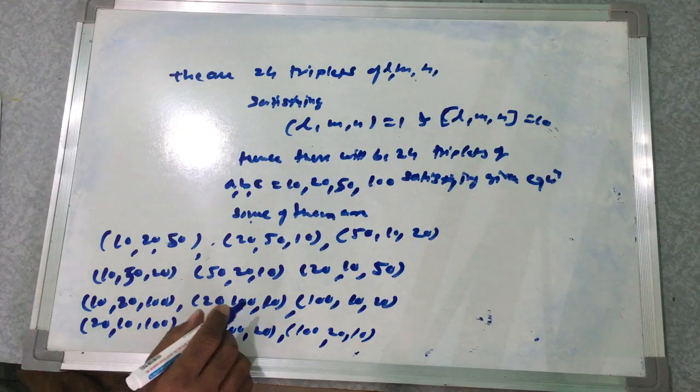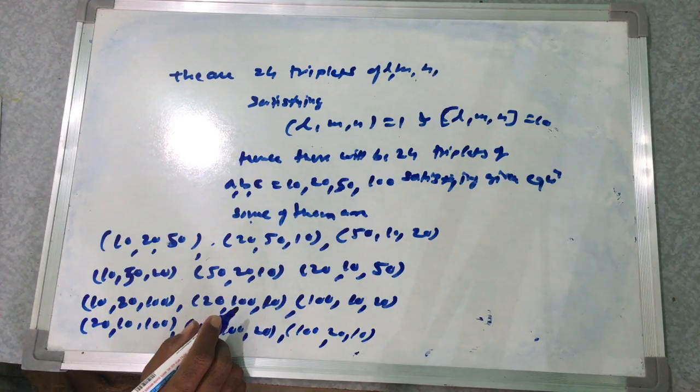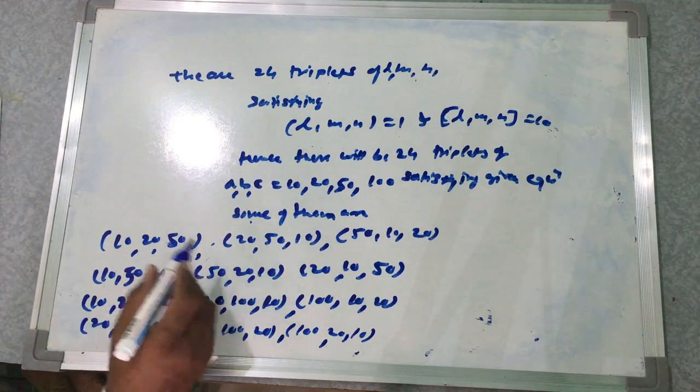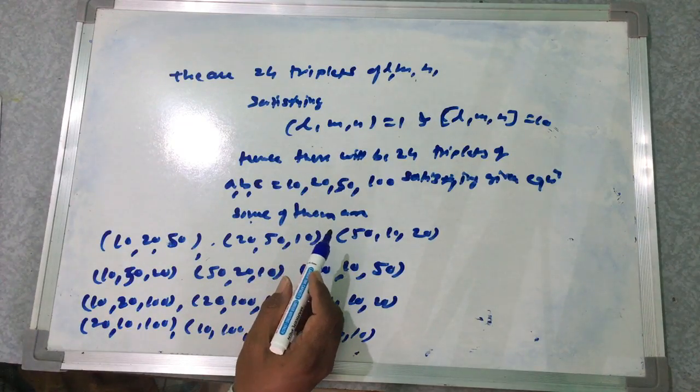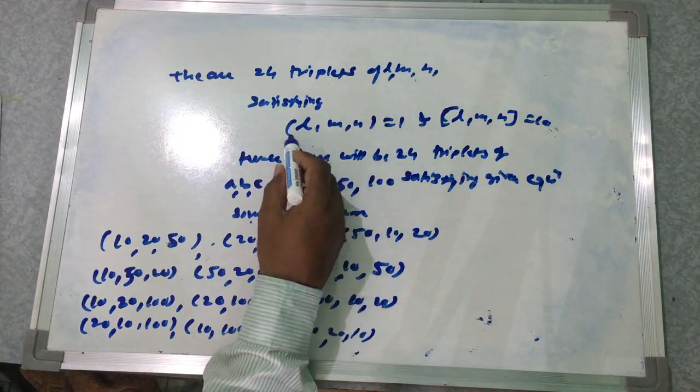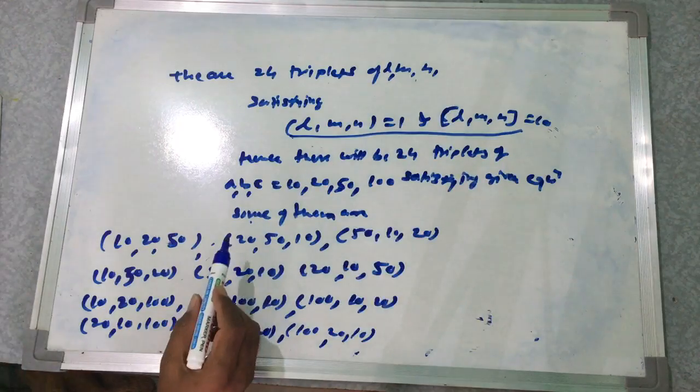So all these are triplets satisfying both of these two, which means satisfying this equation.